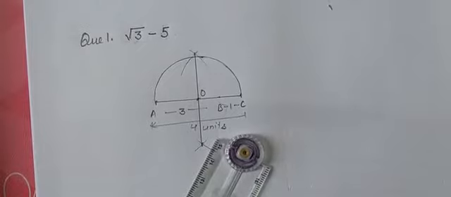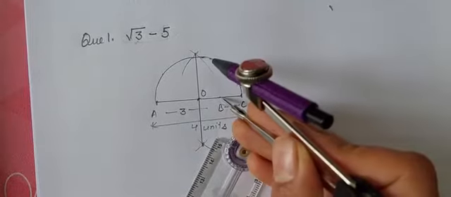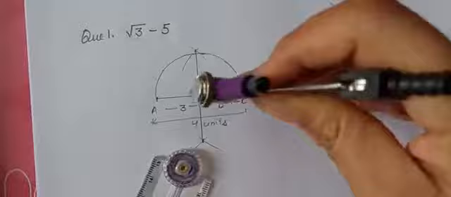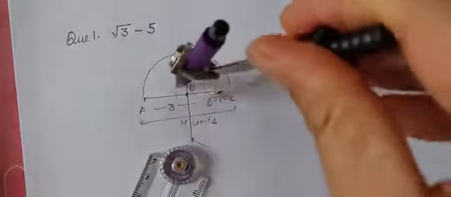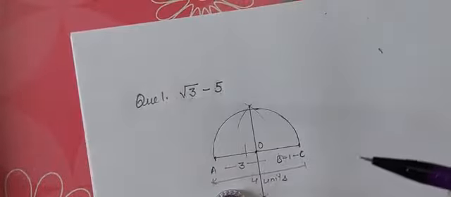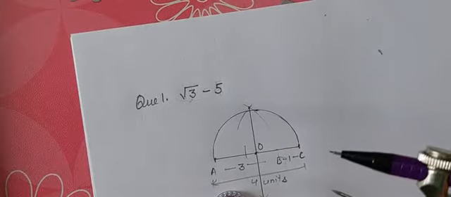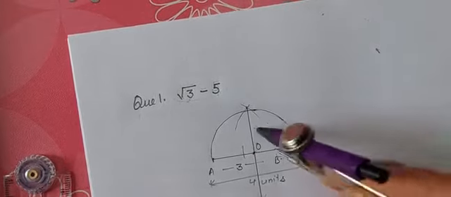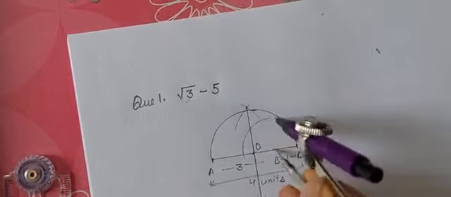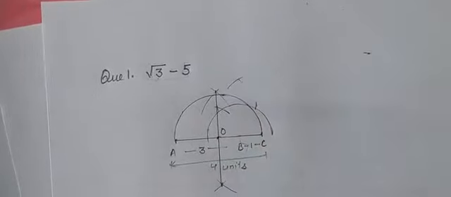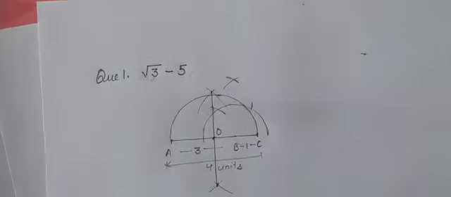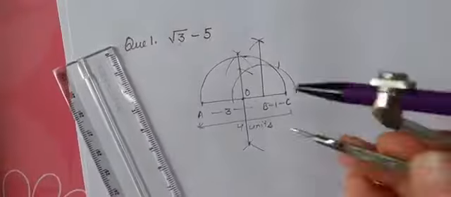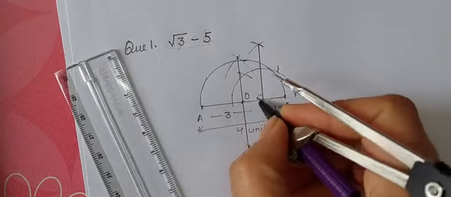Now we have to draw a 90-degree angle at point B. To draw a 90-degree, we can bisect 60 and 120, and we can also bisect 0 and 180, means 180 degrees. So this is our 90-degree here.